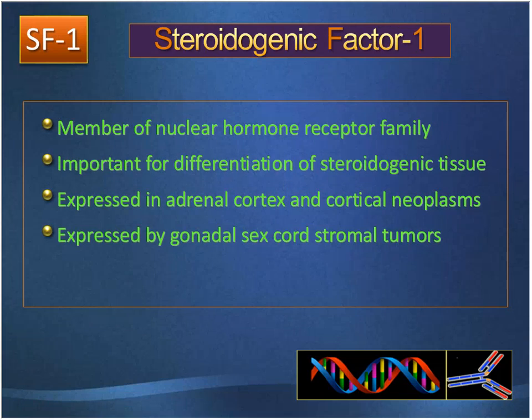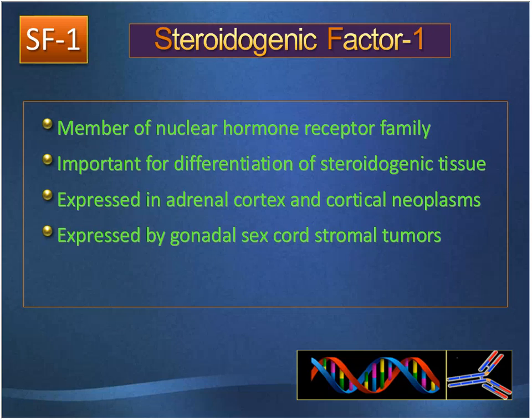We have plenty of markers for adrenal cortex and adrenocortical neoplasm, which are fairly specific, so we really don't need that for that particular differential diagnosis unless in unusual circumstances. But this is also expressed by gonadal sex cord stromal tumors, as these tumors are also mainly steroidogenic.